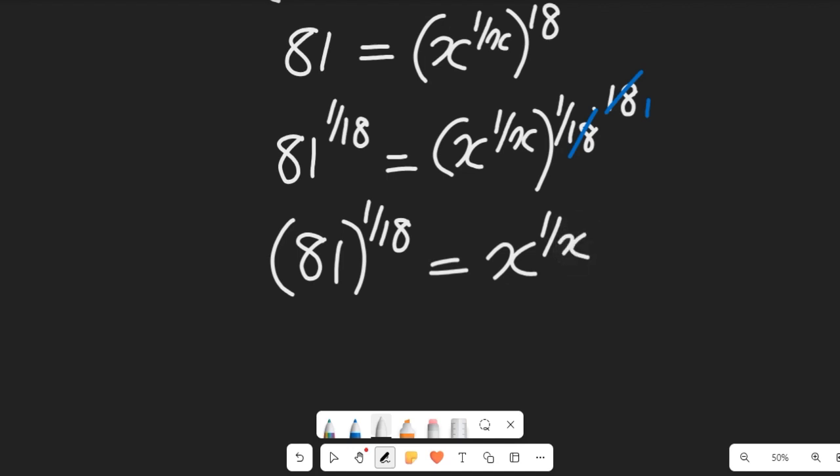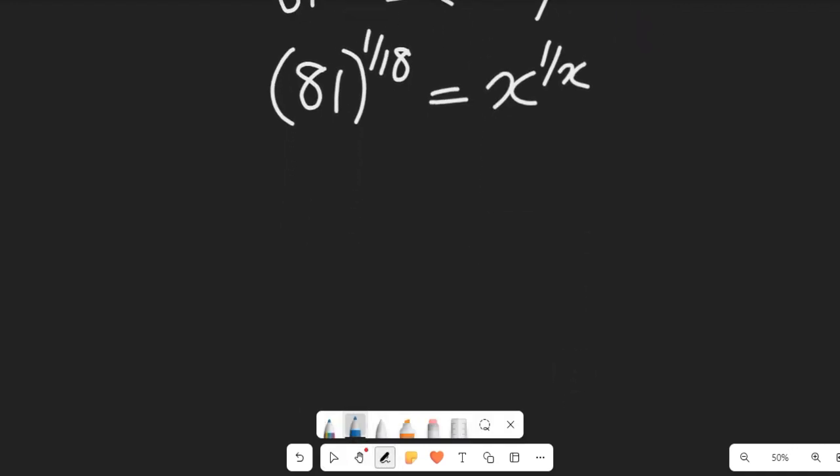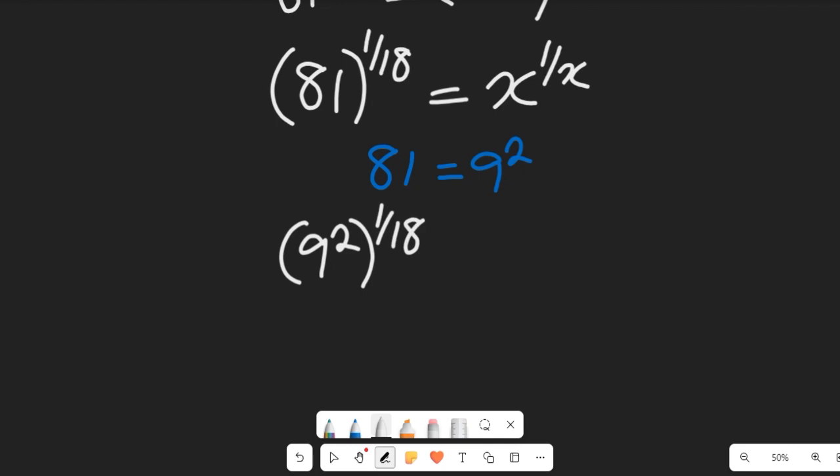Great. Now, having gotten to this point, we can simplify further. Remember that 81 can be equal to 9 to the power of 2. So we have 9 to the power of 2 multiplying 1 divided by 18, equal to x to the power of 1 divided by x.